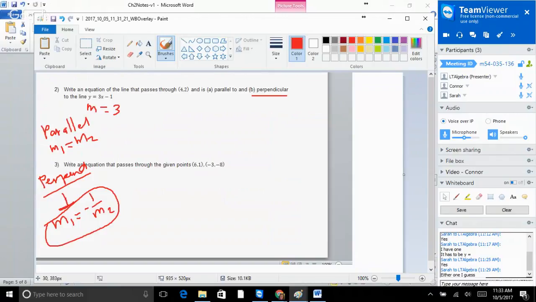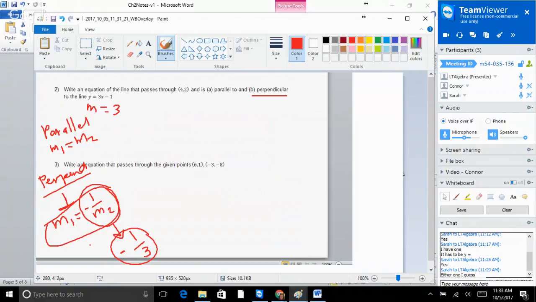So in this particular case, our original line has a slope of 3. So the other line, in order to be perpendicular, has to be the negative reciprocal. So the slope of the other line has to be negative 1/3 in order for them to be perpendicular.